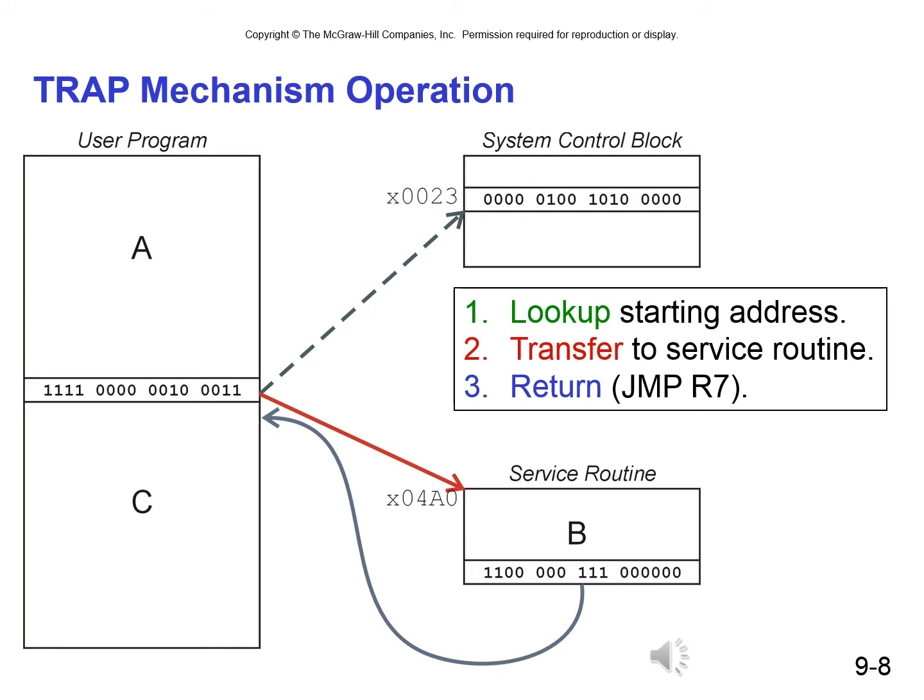So when the trap routine in user program A is encountered, part of transferring to the service routine is to move the program counter from the user program into R7. And we'll talk later about preserving R7 and then restoring it.